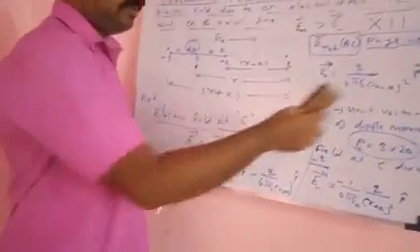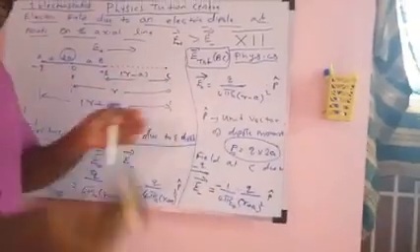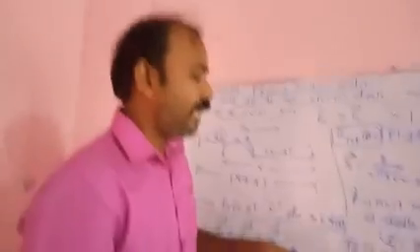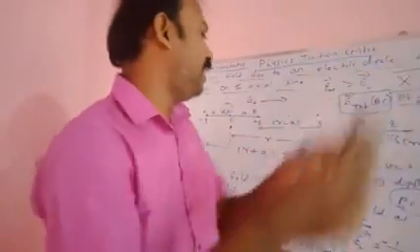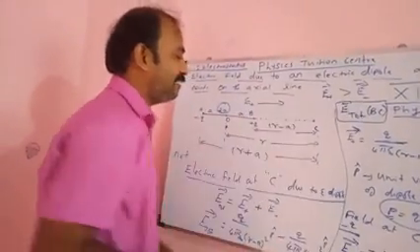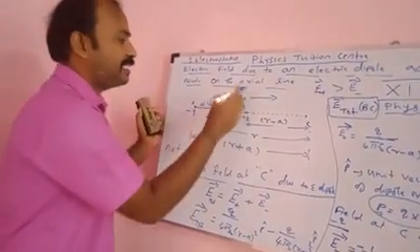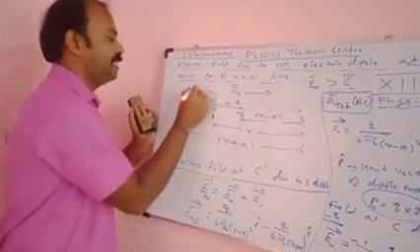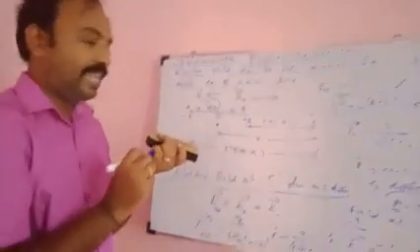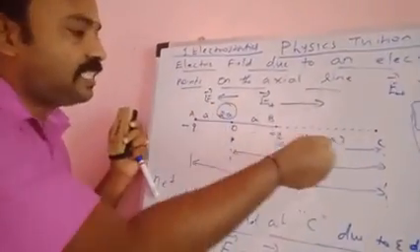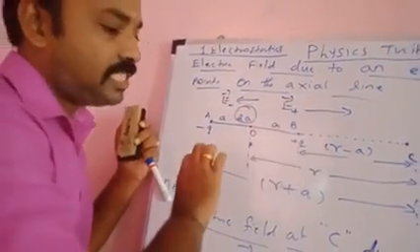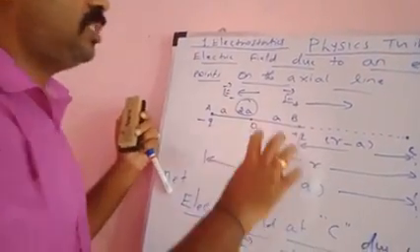Everything is completed: E plus is greater than E minus, so the net field is along BC. E plus is in this direction and E minus is in this direction, because the electric field due to a negative charge is pointed towards the negative charge, and the electric field due to a positive charge is pointed away from the positive charge.